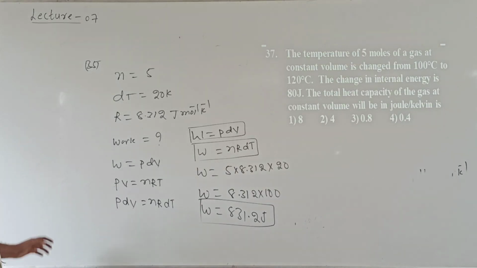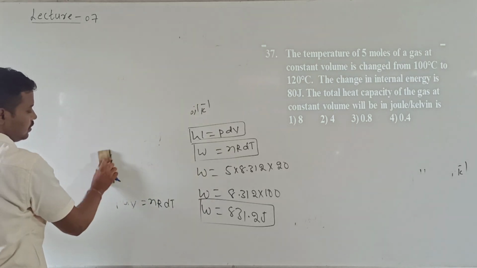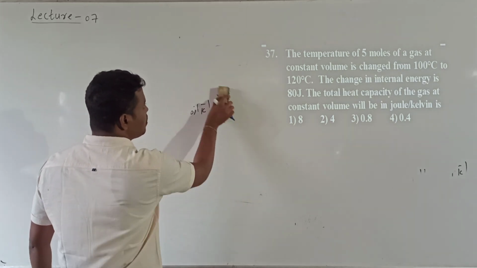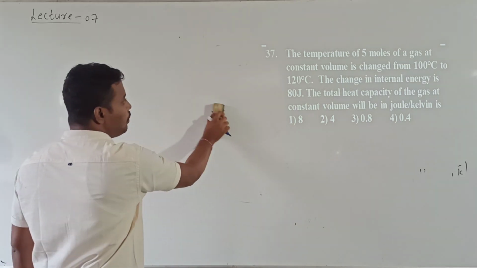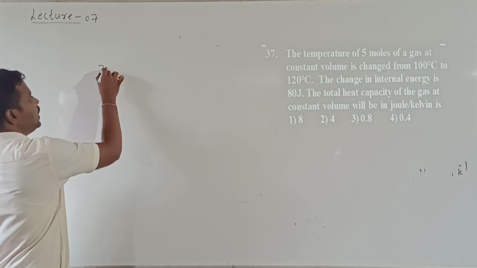Next, question number 37. So what is this question? In this question number 37, the temperature of 5 moles of gas at constant volume is changing from 100 degrees Celsius to 120 degrees Celsius.